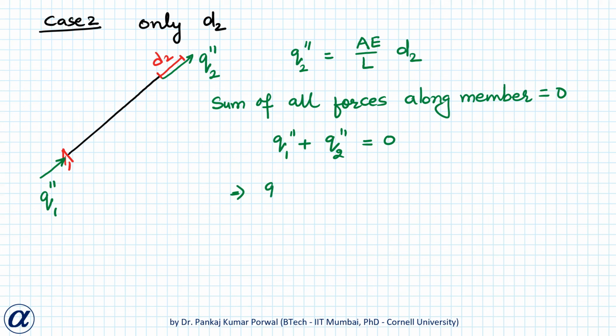This gives me Q1 double dash equals minus Q2 double dash, or Q1 double dash equals minus AE by L D2.